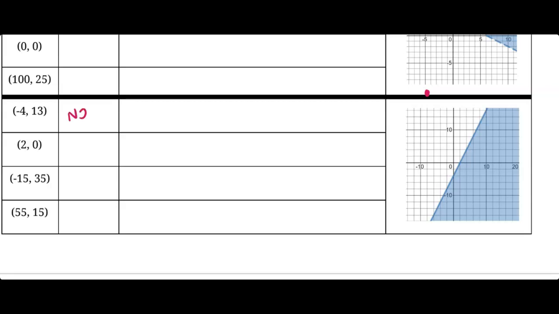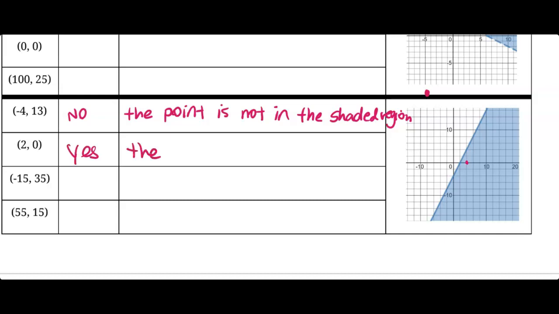So this is not a solution because the point is not in the shaded region. I look at the point (2, 0), it is a solution because the point is in the shaded region.